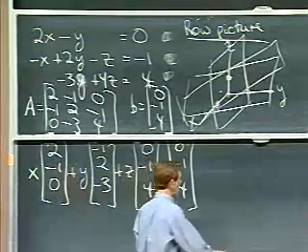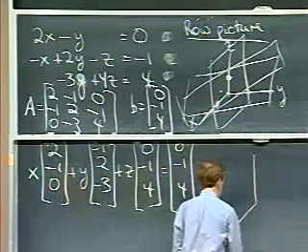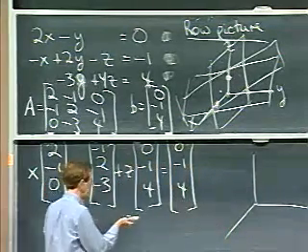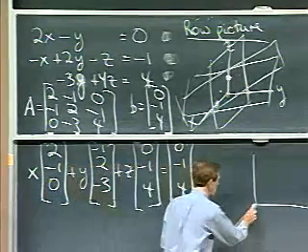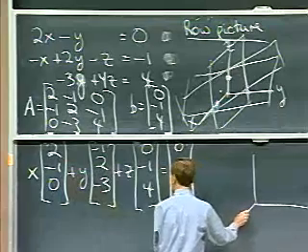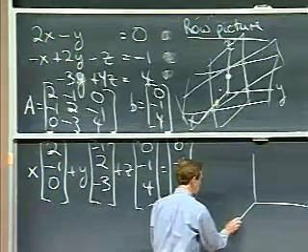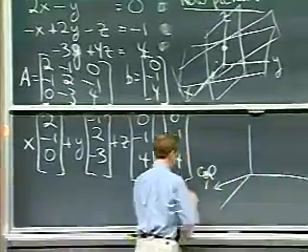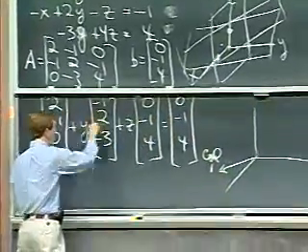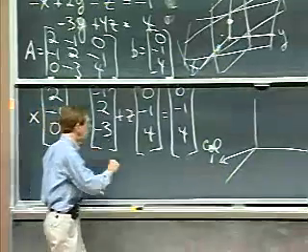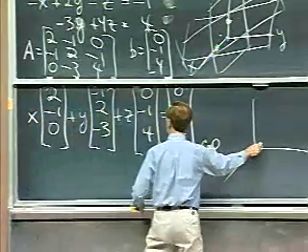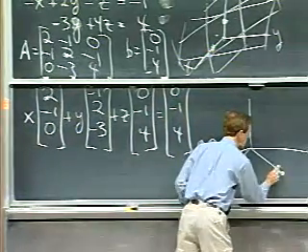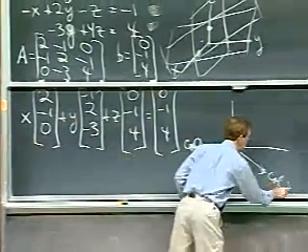Shall I try to draw the column picture then? Since these vectors have 3 components, let me draw in the first column as before. So x is 2 and y is minus 1. Maybe there's the first column. The second column has maybe a minus 1 and a 2 in the y's, minus 3, somewhere there possibly, column 2.